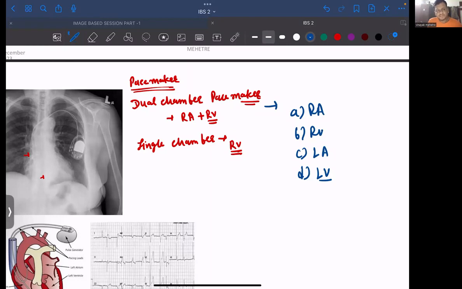I just said, what is important? Ventricles. So we will put it in the right ventricle. This was your exam question. If they ask for a single best answer, the answer will be right ventricle. Of course, if they give both options together, like A and B, the answer will be both.